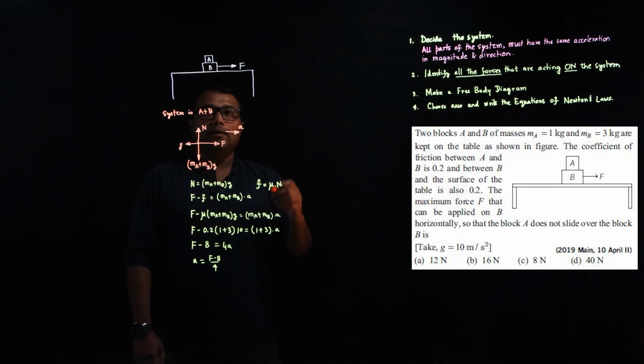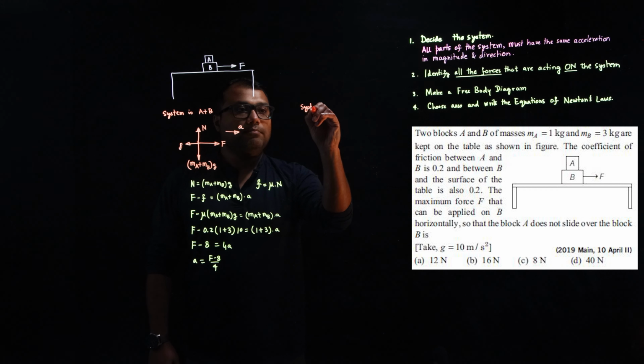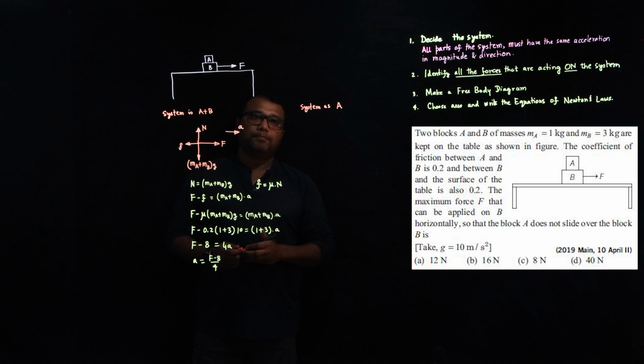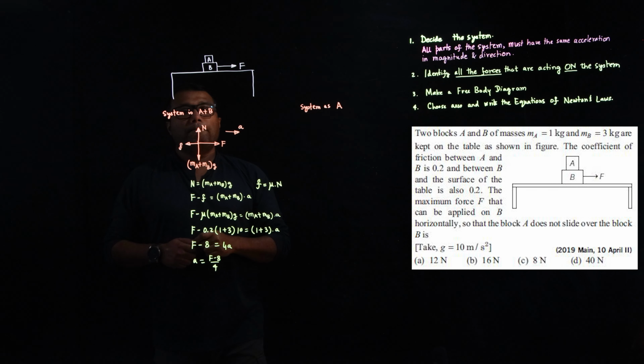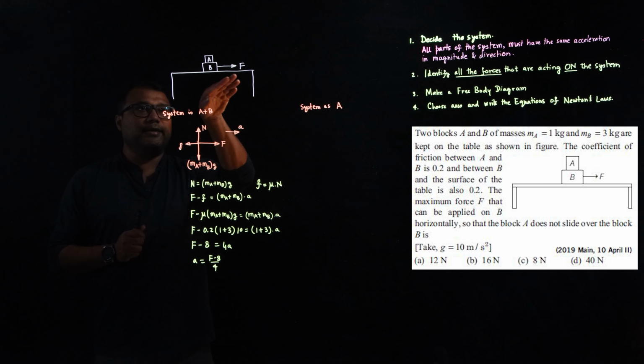Now let's consider the system as A. Let's look at this a little bit better. B is accelerating, so A is accelerating.